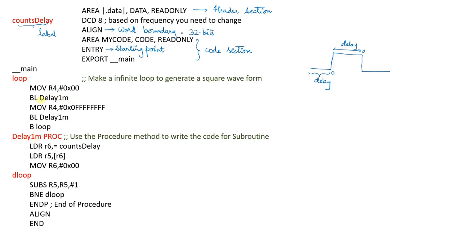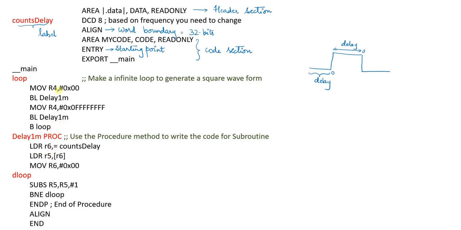You are supposed to be moving to this particular procedure. The name of the procedure is given as delay 1m. We are using a procedure method in order to write the code for the subroutine, because this is your loop, and this is basically your subroutine.